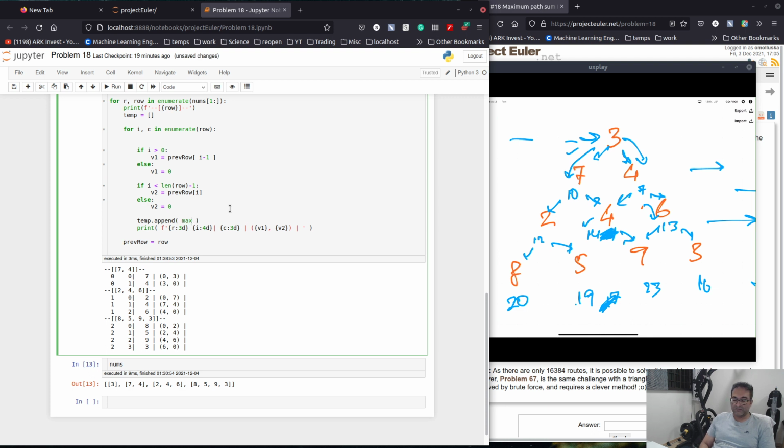Append max of v1 and v2 plus c, and I can print temp.